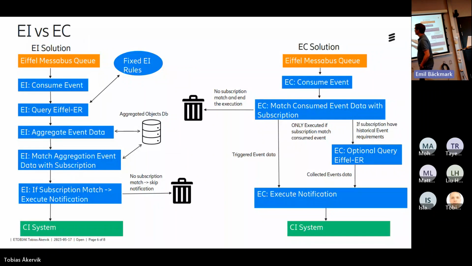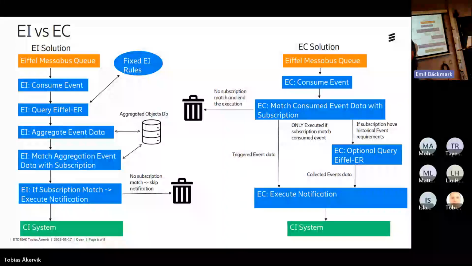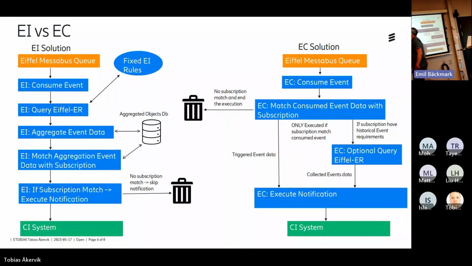In Eiffel Intelligence, you will do 1,000 Eiffel event processings, aggregate data, ask ER, and only here decide if we want to throw it away. This means we have done a lot of load processing and event processing, putting load on ER, without using it.